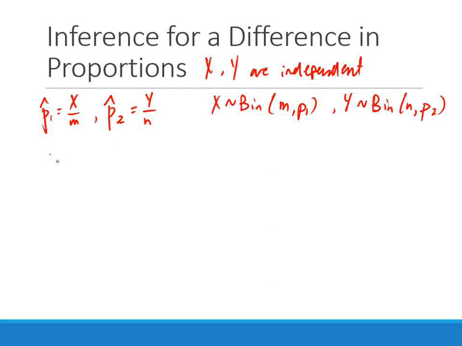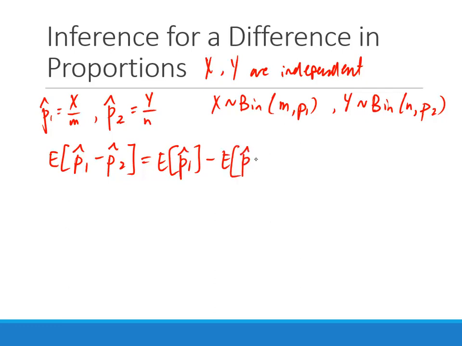So the expected value of P hat 1 minus P hat 2. Again, going back to our properties of expectation, we can distribute the expectation through the subtraction.